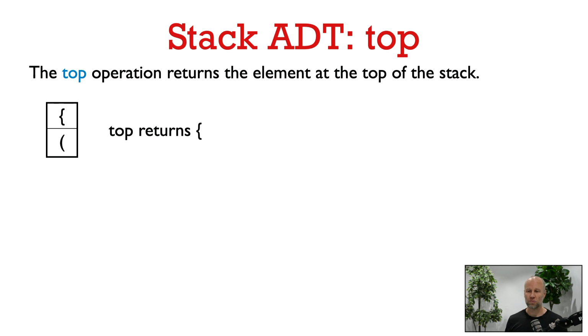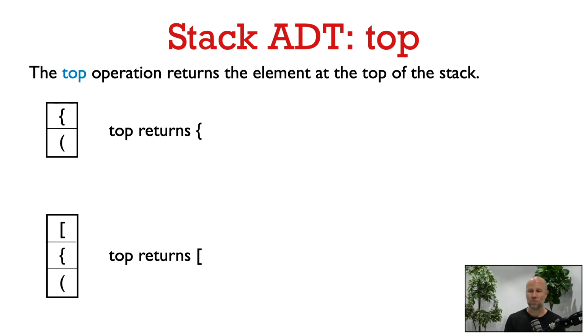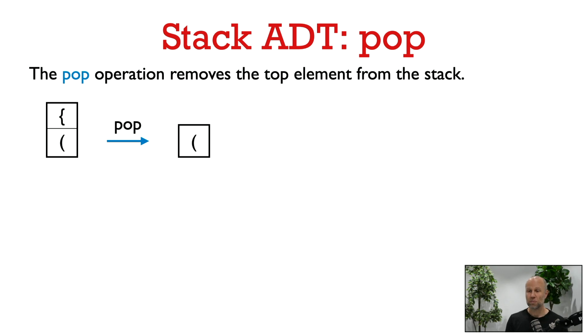So the top operation, when we picture a stack as growing upwards, just returns the top element. So top on this example would return the curly brace, and on this example would return the curly bracket. Pop removes the top element of the stack.